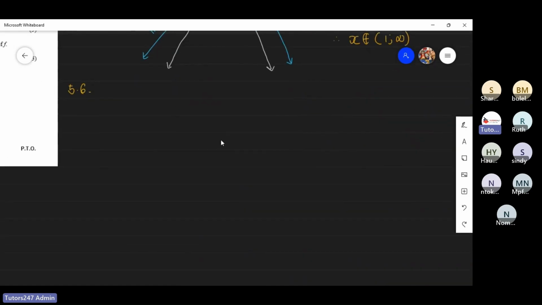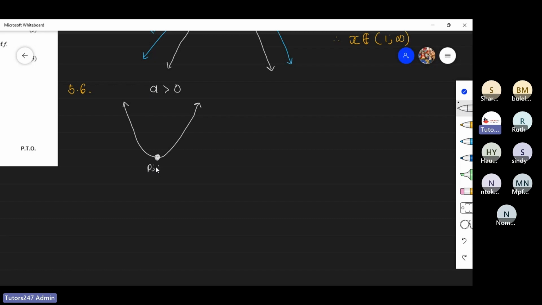I'll show you how to determine the range of an a greater than 0 and an a less than 0 parabolic function. So let's start with a greater than 0. If this is our function, you know that your turning point is going to be the lowest point, the minimum. Let's call this P and Q. That's our turning point. This is your lowest point, and when you're dealing with range, you need to identify all the y values that the graph touches. That is range.